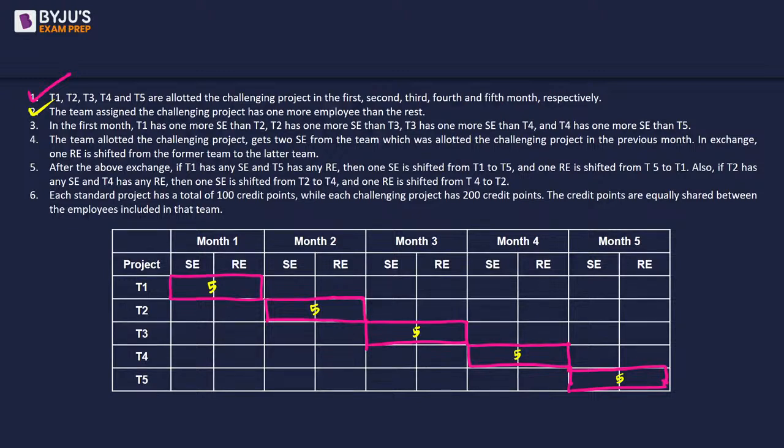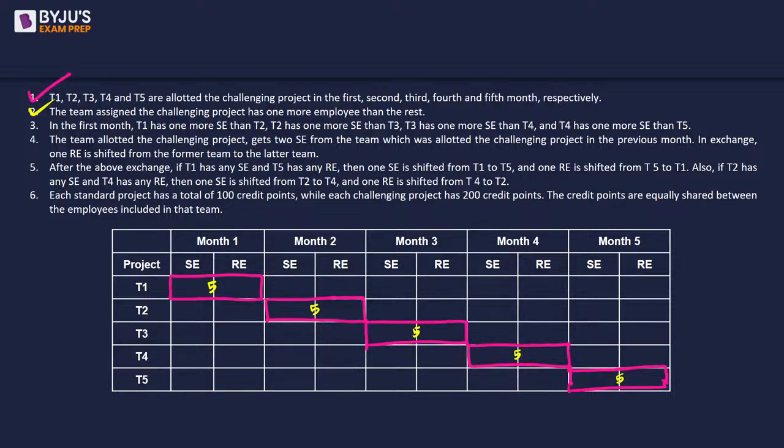T3 has one more SE than T4, and so on and so forth, right? T4 has one more SE than T5.